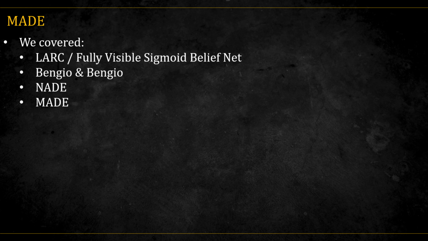Okay, so let's wrap up. We covered 4 main algorithms in this video. We started with LARC, also known as the fully visible sigmoid belief network, and then added a hidden layer in the Bengio and Bengio model. Next, in NADE, we gave up on some parallelization in exchange for greater computational efficiency.